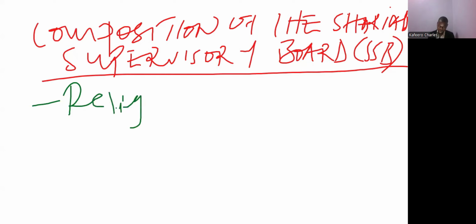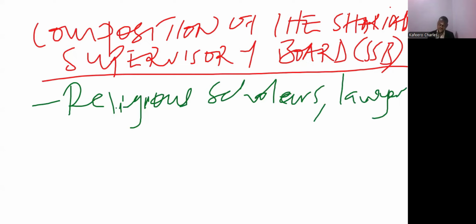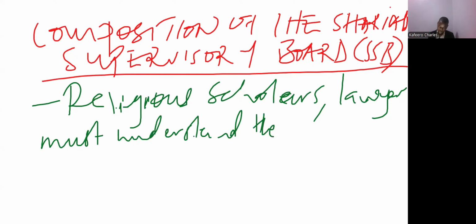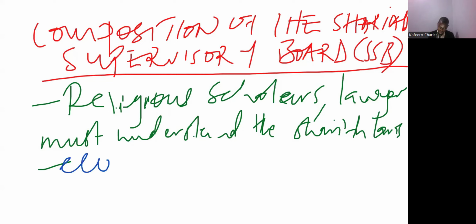We must have lawyers, and these lawyers must understand the Sharia laws. We should also have economists. Of course, there is no way you're going to miss an economist, because it's an area where you expect to have an economic benefit. So you need economists and others.